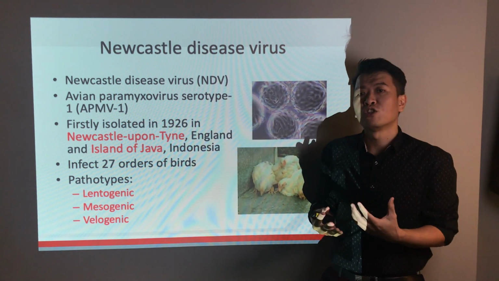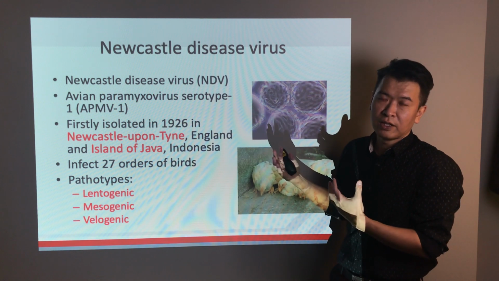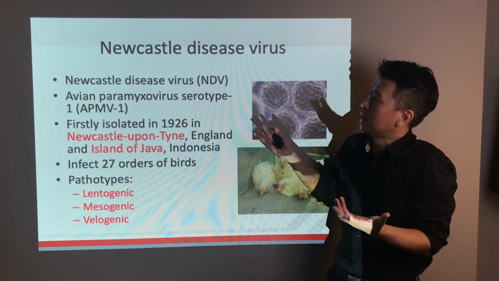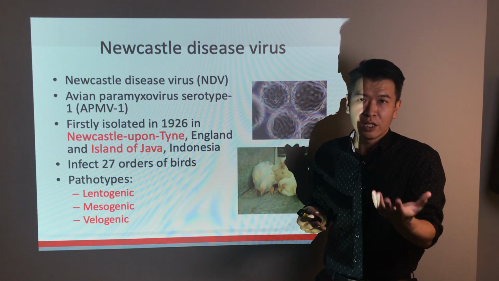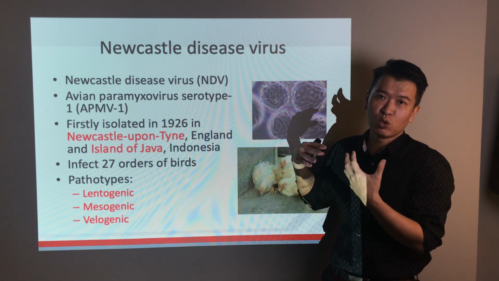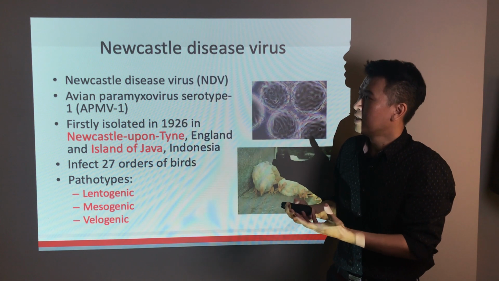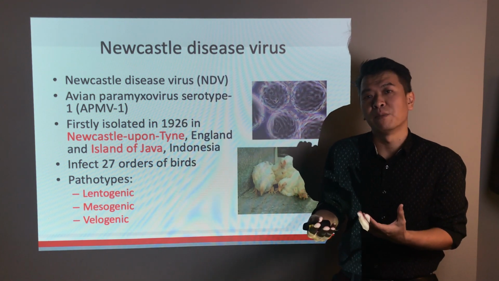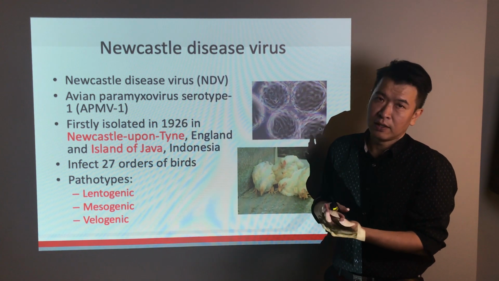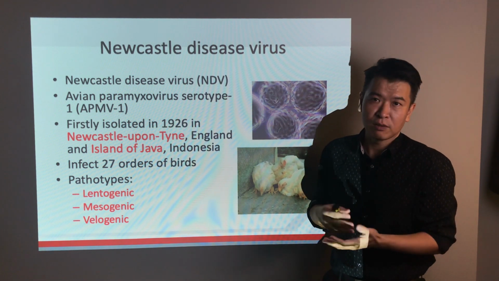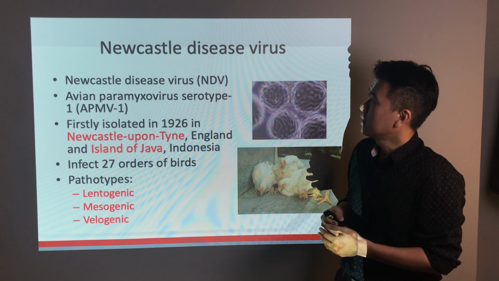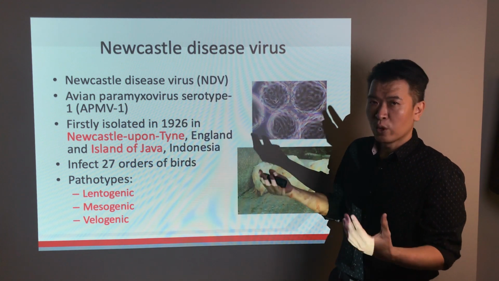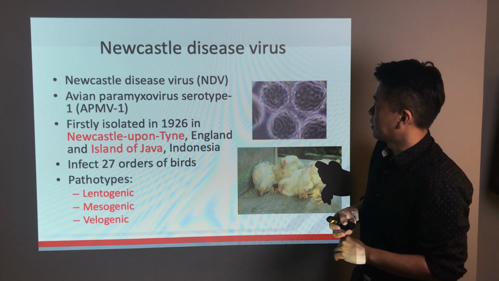So for microbiology students, I'm sure this virus is not a strange virus to you anymore, because in the practical class you learn how to propagate the virus, and then you also do some extra experiments to analyze the presence of virus, for example using hemagglutination assay, HA assay, and then you also look at the HI assay for this.